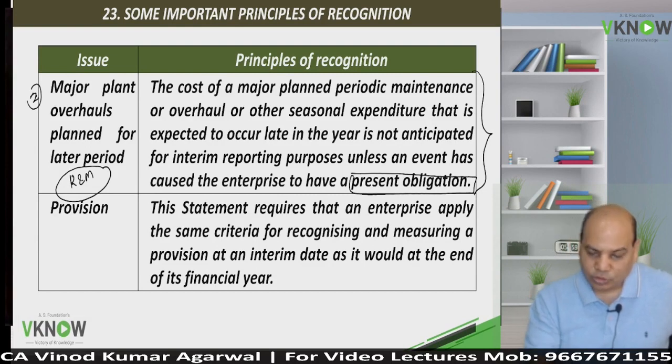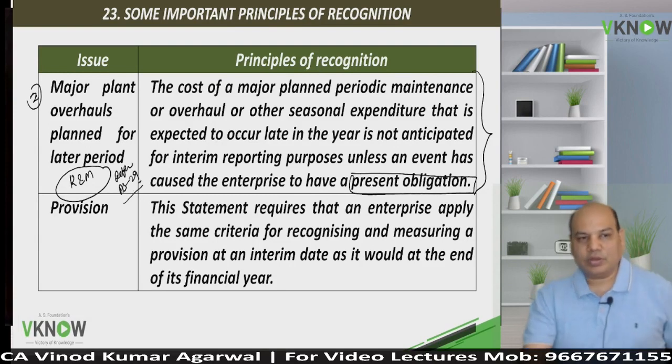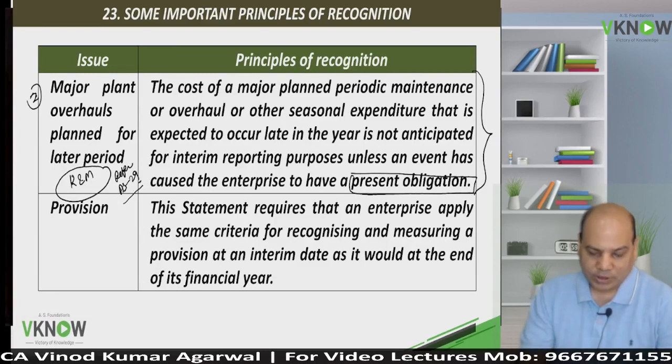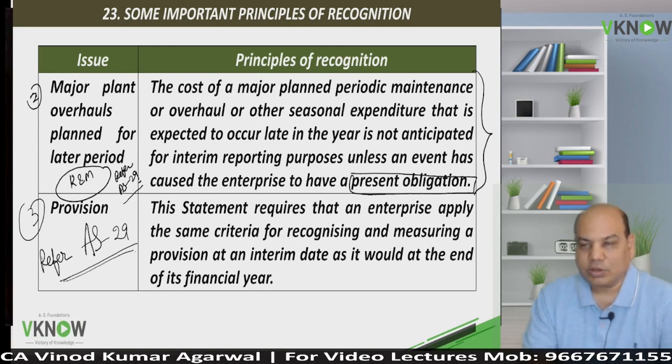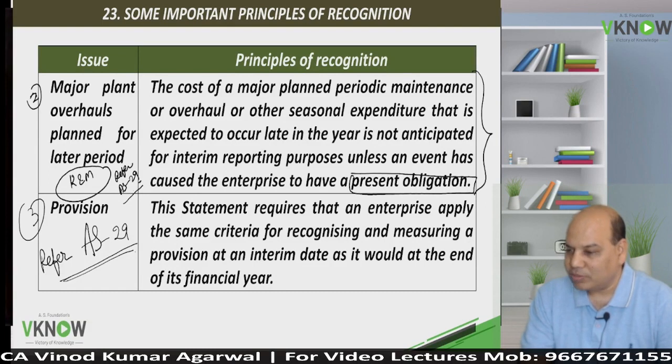Okay. So you also mention here, refer AS 29. Then we have come to the third point, provision. Refer AS 29, provisions, contingent liability and contingent asset. I hope you remember.